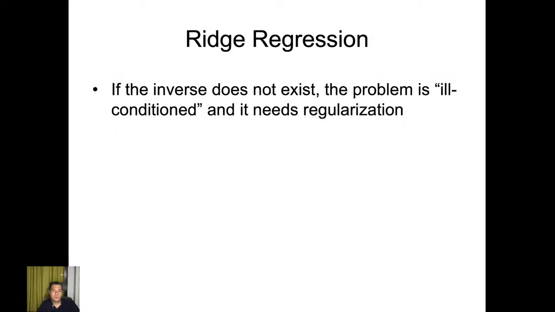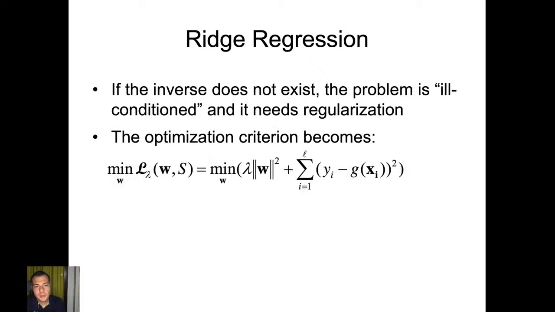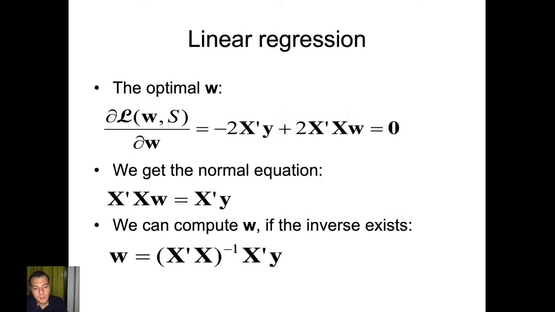So in order to solve this ill-posed problem, scientists proposed ridge regression, which adds a regularization term to the problem. So this actually translates to adding some positive values to the main diagonal of this matrix, and this makes the matrix more invertible.